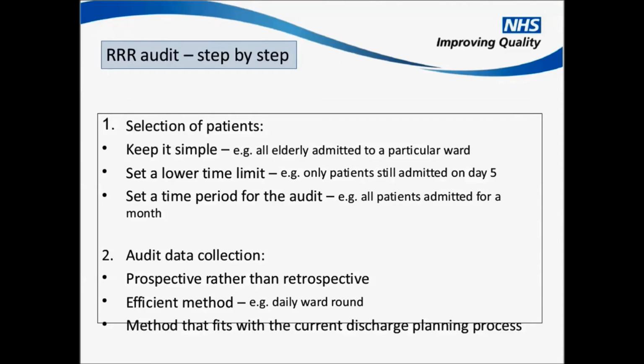They felt that there was some benefit in setting a lower time limit. If patients are only remaining in hospital for 2 or 3 days, then they're unlikely to be spending much RRR phase within the acute hospital. So they felt that it would be appropriate to set a lower time limit and only audit patients who remained in hospital for perhaps 5 or more days.